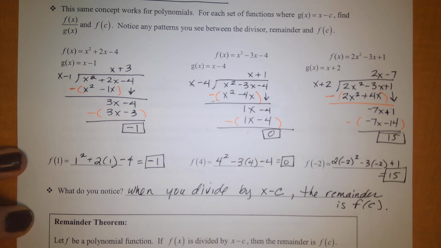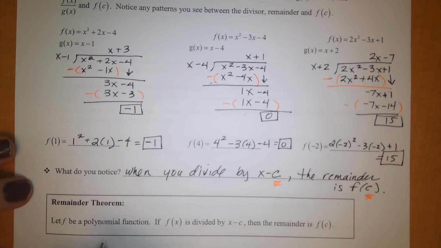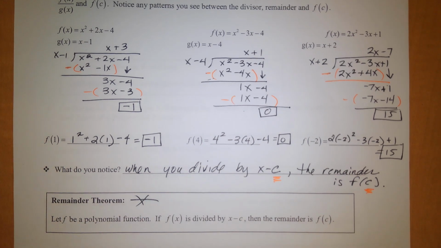Notice these guys are the same. And that's exactly what the remainder theorem down here is stating. It says if f is a polynomial function, then if f of x is divided by x minus some c, then the remainder will be f of c.